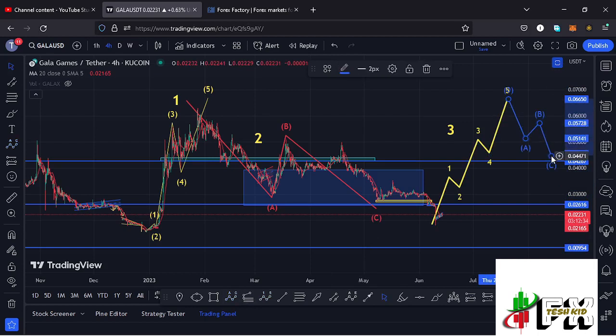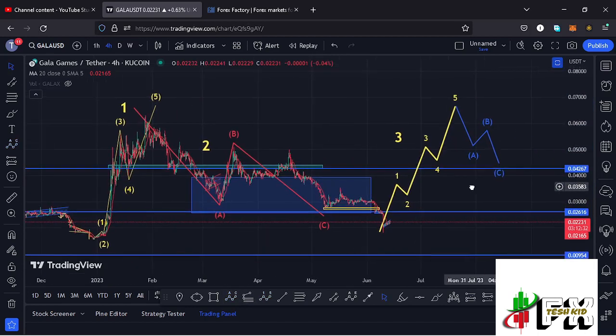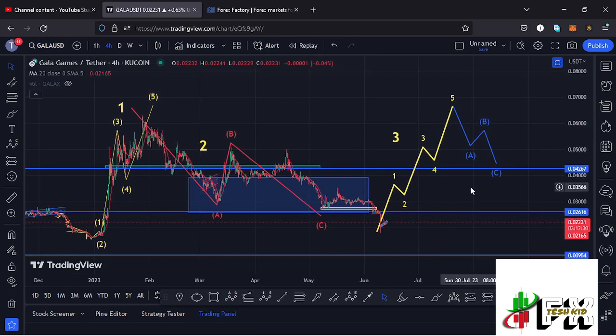In case we see such a move, that will be enough confirmation that the low for that wave 2 is in, and that we have started an impulse in that wave 3. And once you see such a move, then we can watch out for a break above significant highs here on the charts. And in case we are able to break above significant highs and also continue seeing that impulsive move to the upside, that would be a very good move to the upside in the formation of that higher Elliott wave count 3.